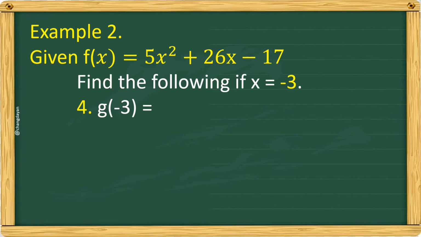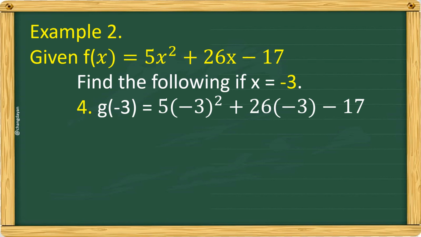Next example, paano kapag negative 3? Again, just substitute negative 3 to your x. So, it becomes g of negative 3 equals 5 times negative 3 squared plus 26 times negative 3 minus 17.